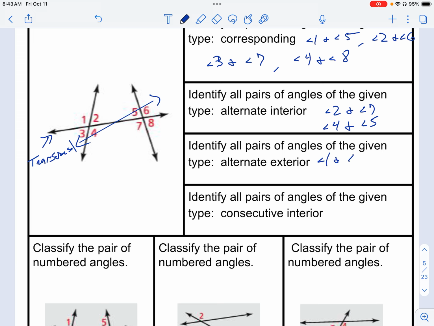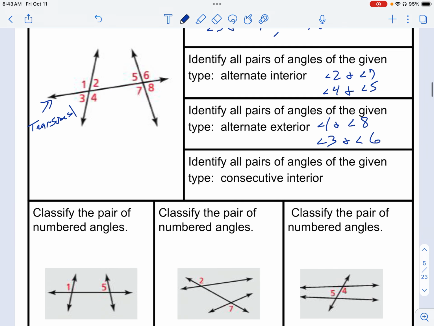So angle 1 and angle 8, angle 3 and angle 6. Then the last one, consecutive interior, inside our goalposts. So we get angle 2 and angle 5, angle 4 and angle 7. The names tell you what to do.